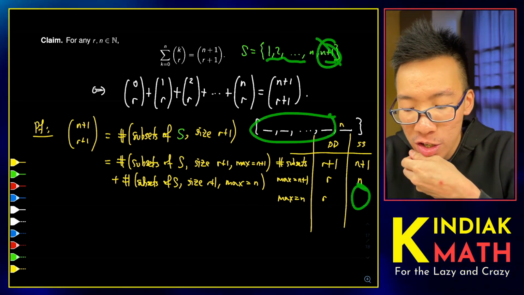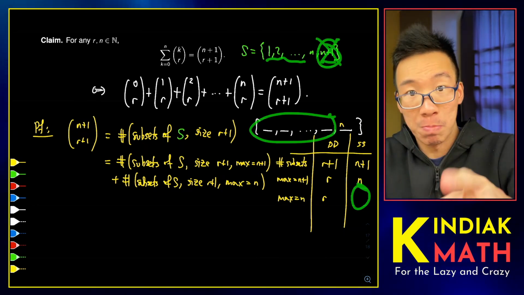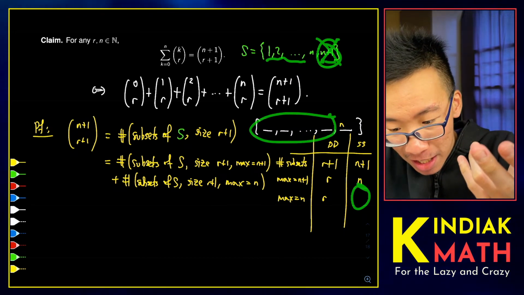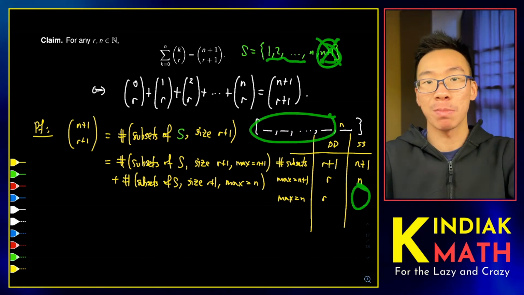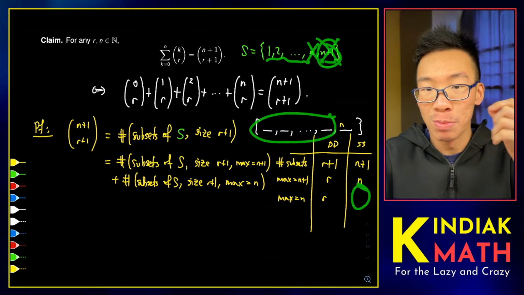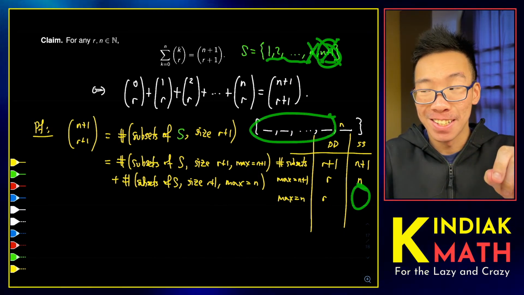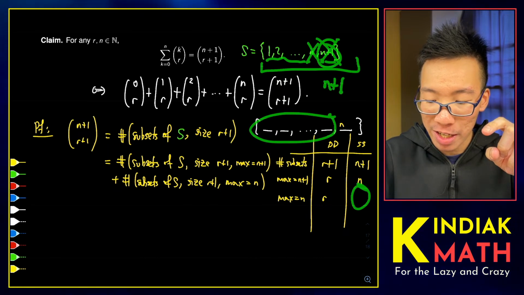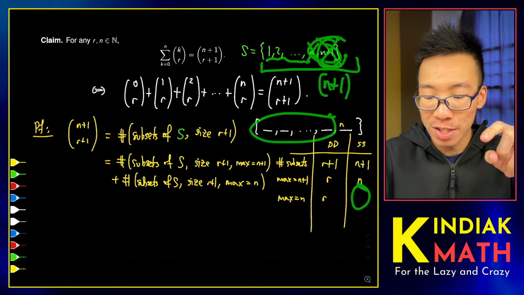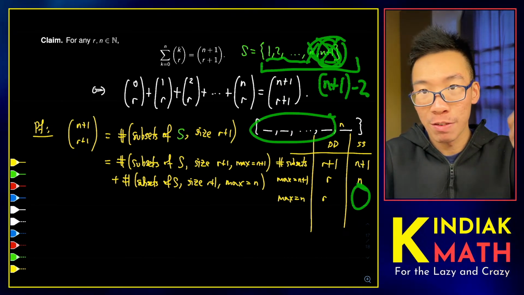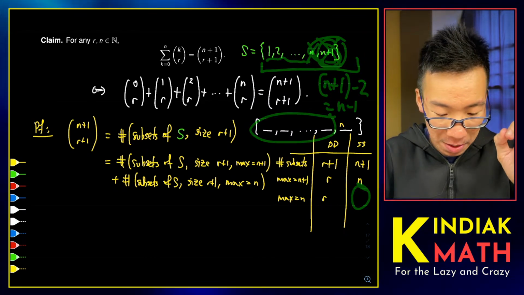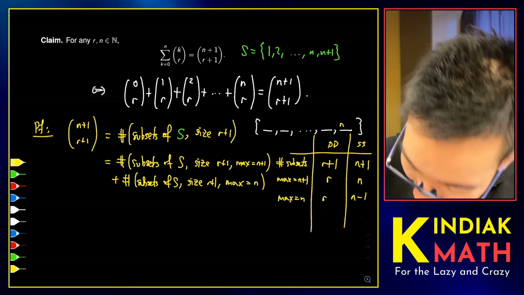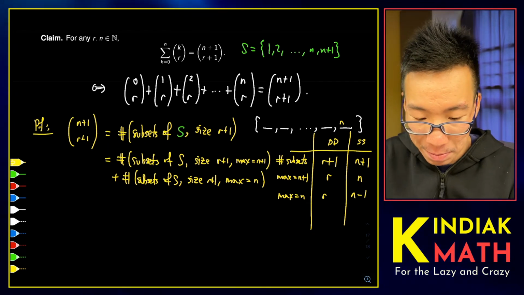Except that we actually cannot choose n plus 1. Because n is the maximum, right? If we include n plus 1, that becomes the maximum. So we actually cannot include both n and n plus 1. And that's a little trick there, because initially we have a total of n plus 1 items, but we need to get rid of these 2 items. We are left with a total of n minus 1 items. So our new supply is n minus 1.